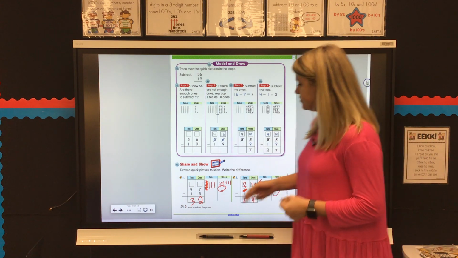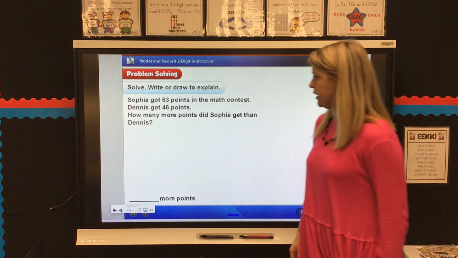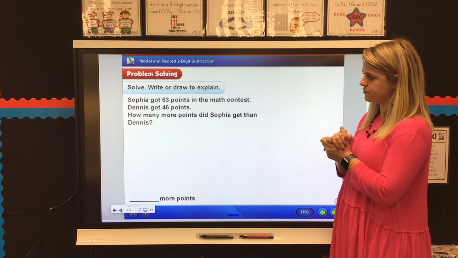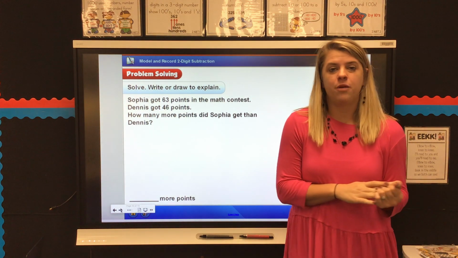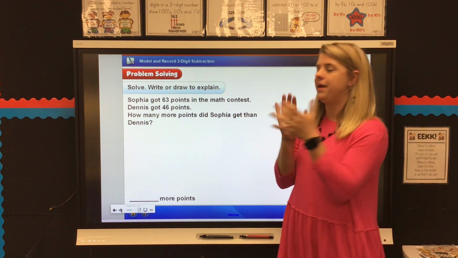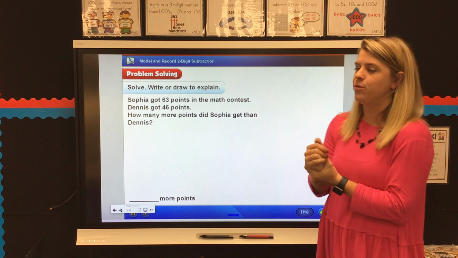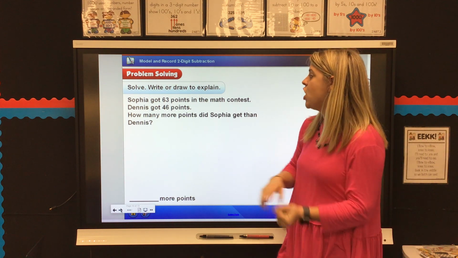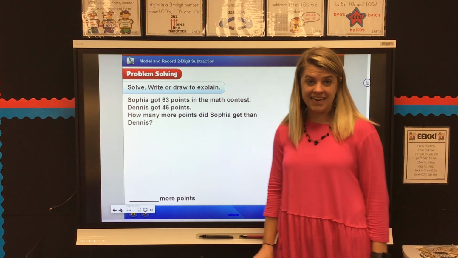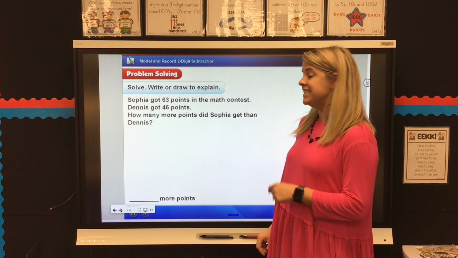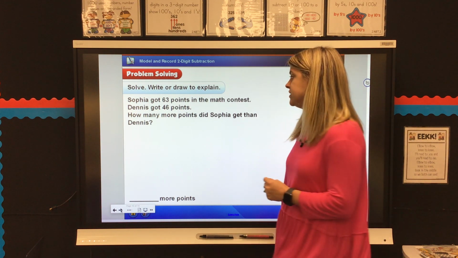All right, let's look at a word problem really quick. Here we go. This is our word problem. Now this is not on your paper, but you can do it on your whiteboard if you would like. Sophia got 63 points in the math contest. Dennis got 46 points.